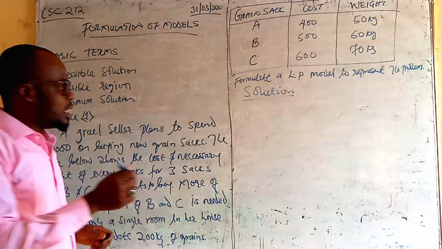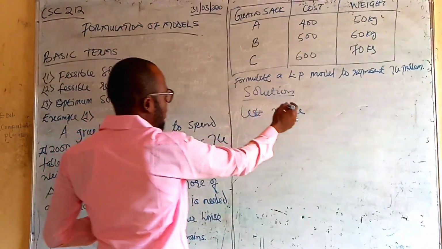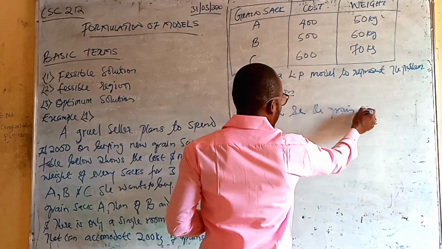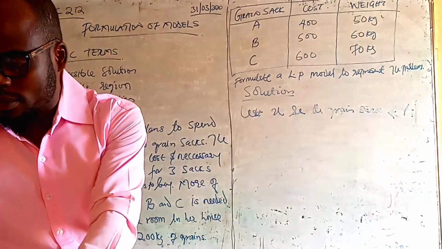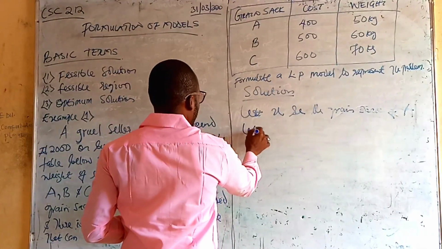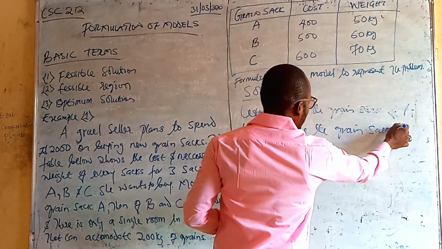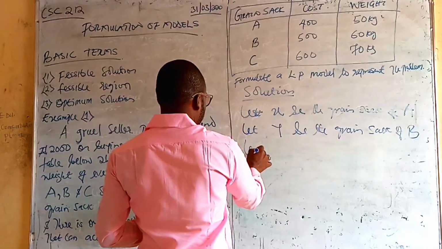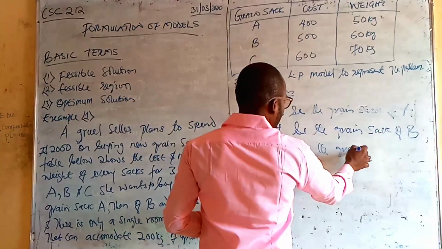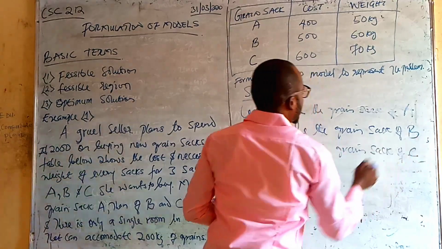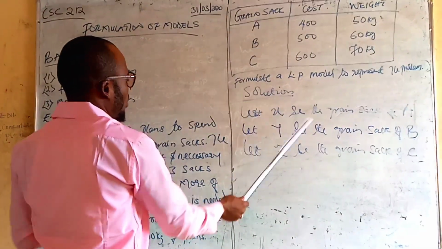So first of all, let X be the grain sacks of A, and then let Y be the grain sacks of B, and then let Z be the grain sacks of C. So now we have fished out our variables.